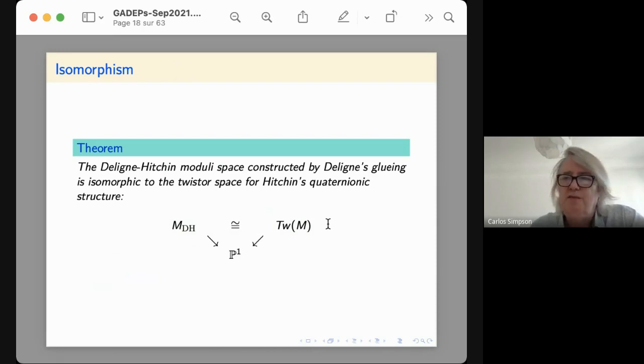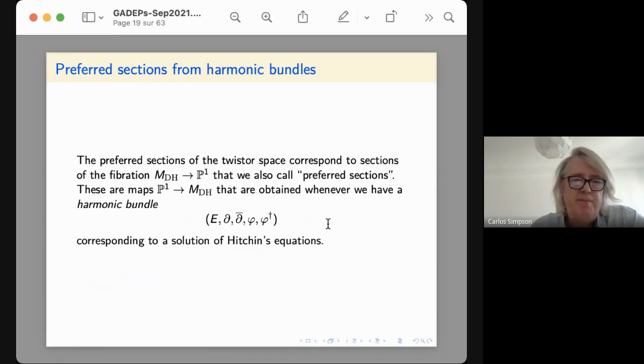Now, what we're interested in for today is the fact that you can get the preferred sections of this space in this construction, and those preferred sections come whenever you have a harmonic bundle. I'm not going to go too much into the detail, but a harmonic bundle is basically a solution of Hitchin's equations. It's a C infinity bundle with an operator that you would call del, one that you call del bar, and one that you call phi, which is the Higgs field, and phi dagger, the adjoint of phi.